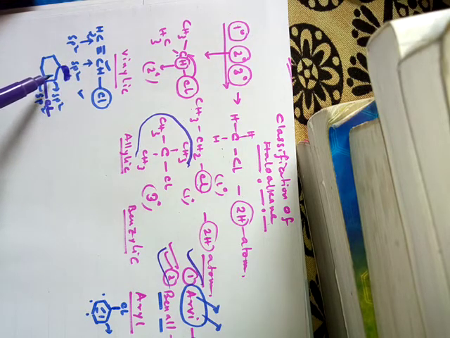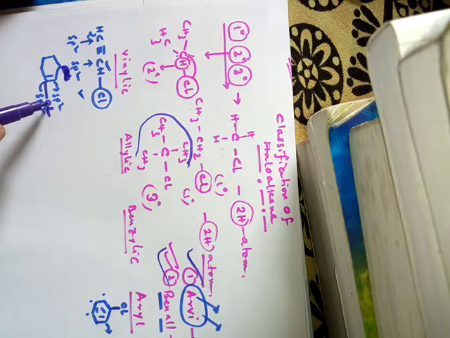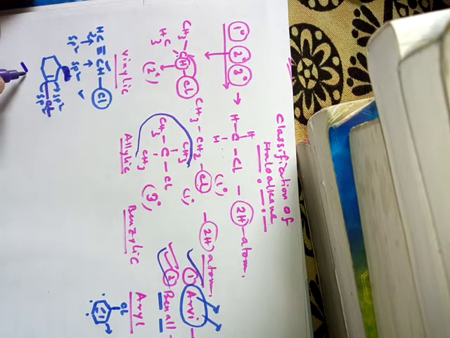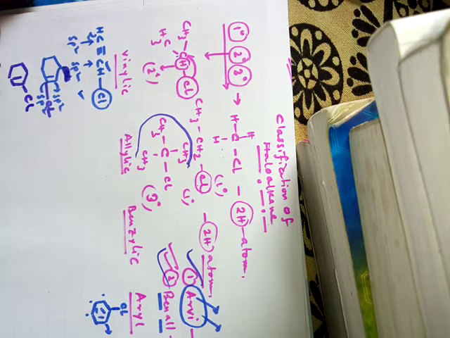Another example of this group is cyclohexene, and these two carbons are sp2 hybridized. If we bond a halo group to this carbon, then it is also called a vinylic halide. So it is the example of vinylic halides.